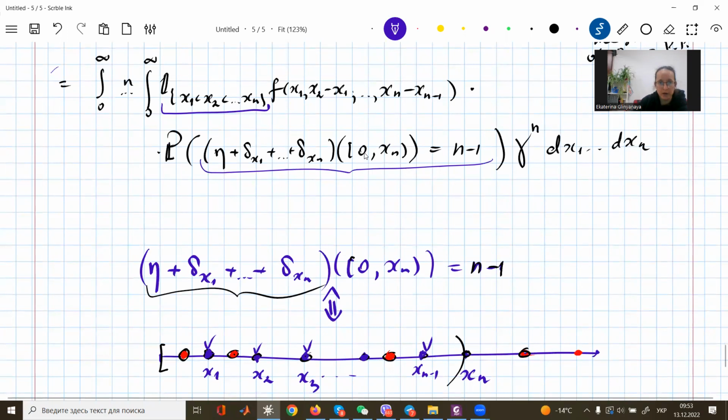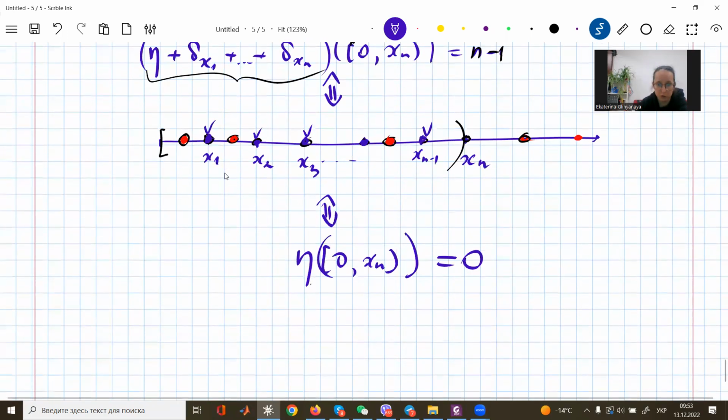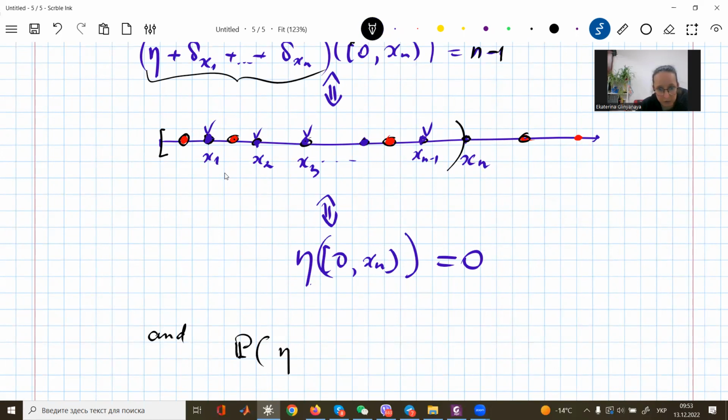So now we can write down this probability, because we know the probability that the Poisson point process does not have points in some interval.